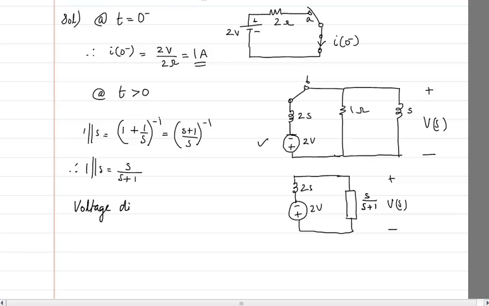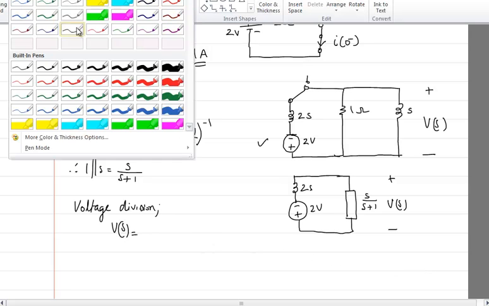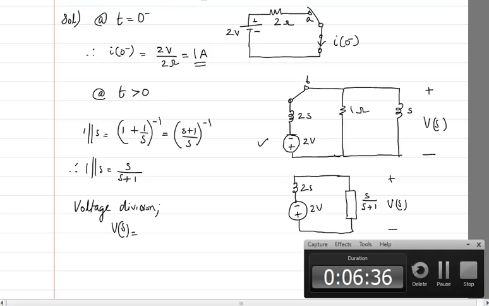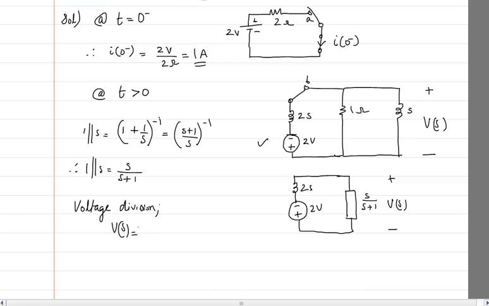Voltage division gives us that the V of S value will be whatever is the total voltage, which is 2 volt, and V of S is S divided by S plus 1 divided by the total, which is 2S plus S divided by S plus 1, which is going to be 2S.